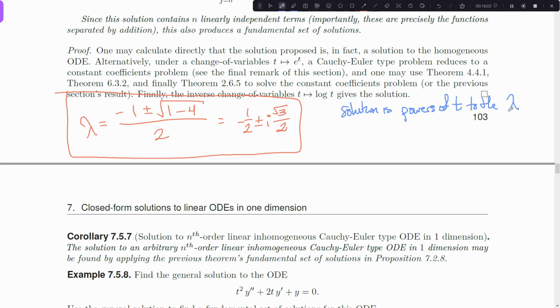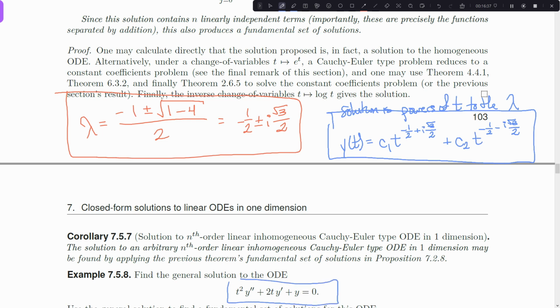Okay, so powers of t to the lambda, that gives me y of t is c1 t to the lambda, which was negative 1/2 plus i root 3 over 2. And the second choice for lambda is negative 1/2 minus i root 3 over 2. So there is my solution to the ODE at the bottom. The general solution to the homogeneous ODE.